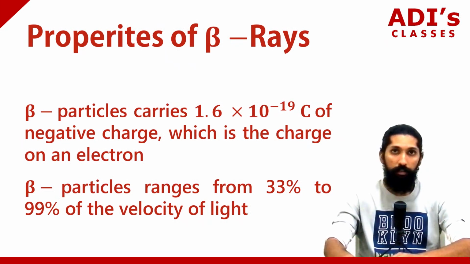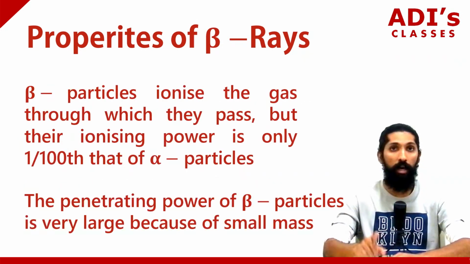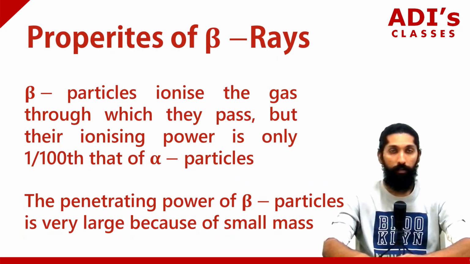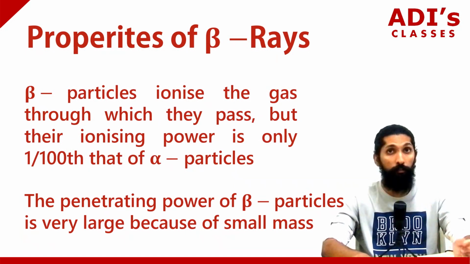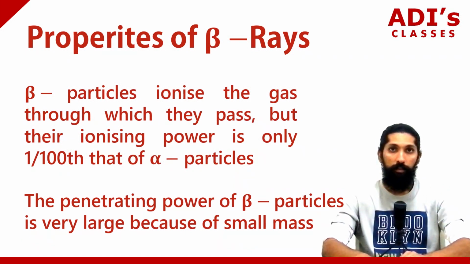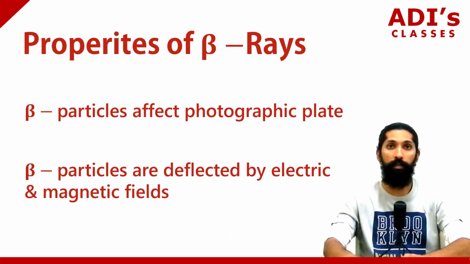Very similar. They have ionizing power, but not as much as an alpha particle. They do ionize, but not so much. Also, they have more penetrating power than an alpha particle. And the rest of the properties almost coincide. This also affects the photographic plate.